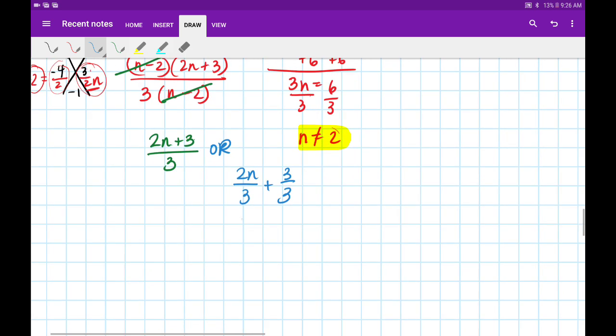And so I would have to rewrite that as 2n over 3 plus 1. Or 2/3 n plus 1. These are the same thing. You might want to just leave it like this, or you can leave it like any of these. They're all equivalent.